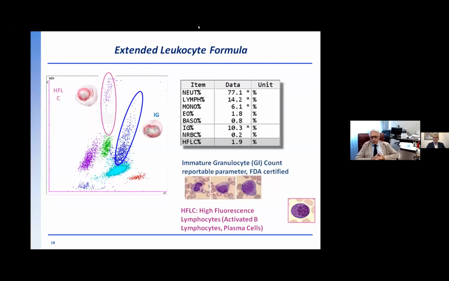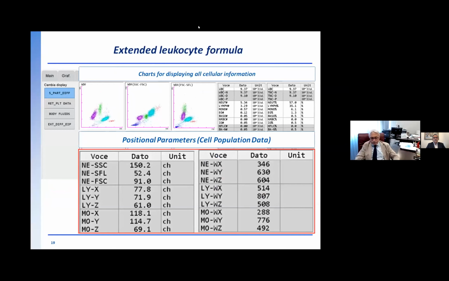We can see immature cells that are identified as immature granulocytes, and then lymphocytes that are activated, namely activated B lymphocytes turning into plasma cells that will lead to the production of antibodies. And there you can read the positional parameters related to scatter, fluorescence, and dimension, the size.